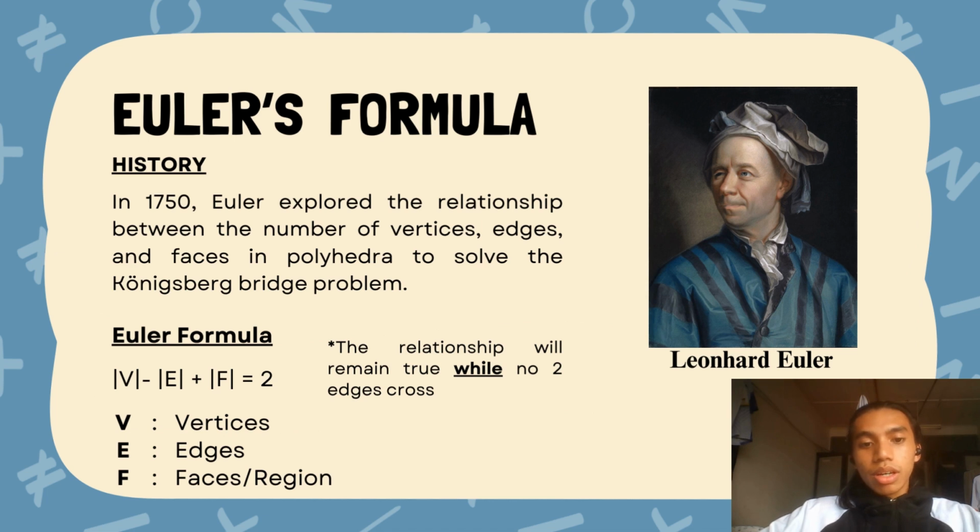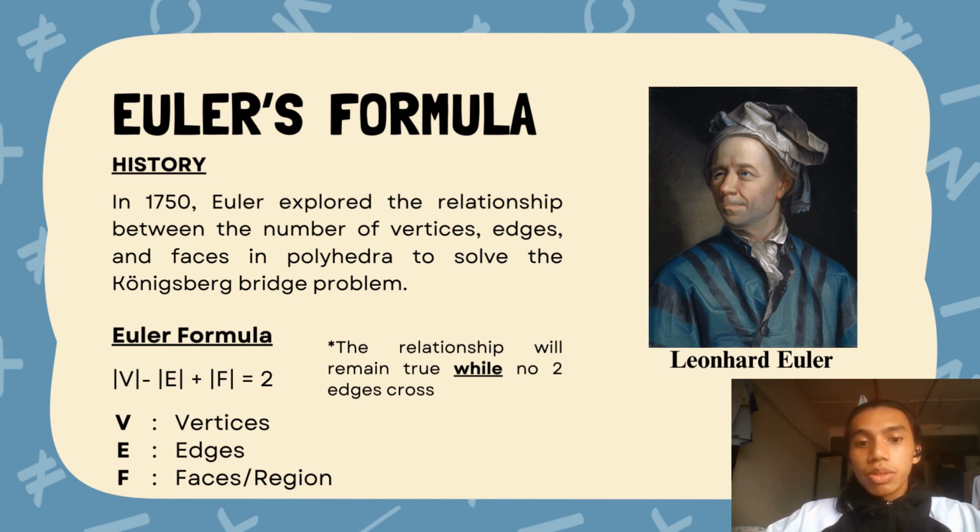In this segment, I will talk about 2 theorems. These 2 theorems are the fundamentals of planar graphs. The first theorem is Euler's theorem, or Euler's formula. This formula was developed by Leonhard Euler, a Swiss mathematician and physicist, in 1750. It was discovered while Euler was solving the Königsberg bridge problem.